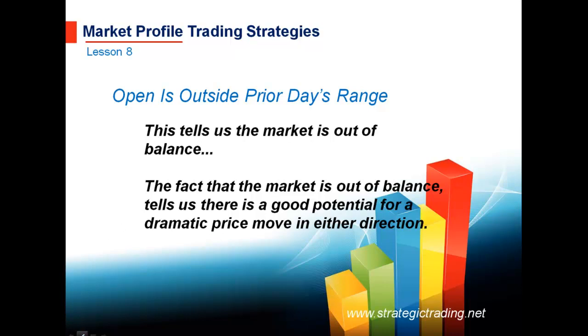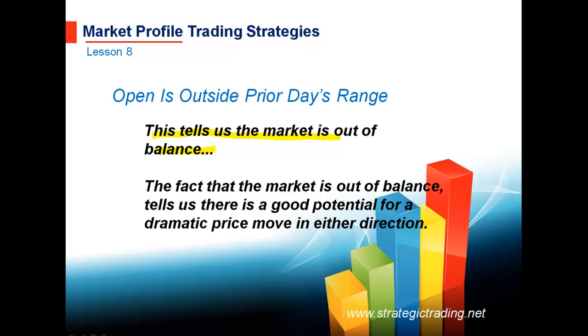Immediately, this tells us something that is very important. It tells us that the market is out of balance. The fact that it is opening outside the range of the prior day naturally means that it's outside the value area of the prior day. So something must have happened to push prices out far enough to get it to open beyond the range, either above or below the range.